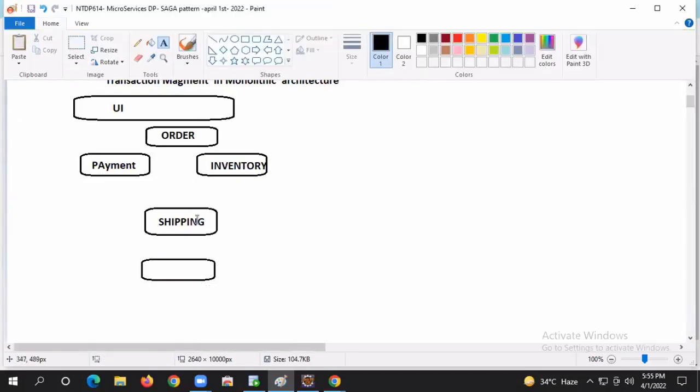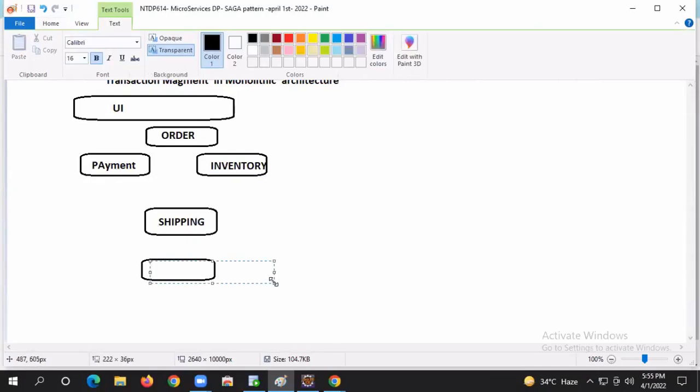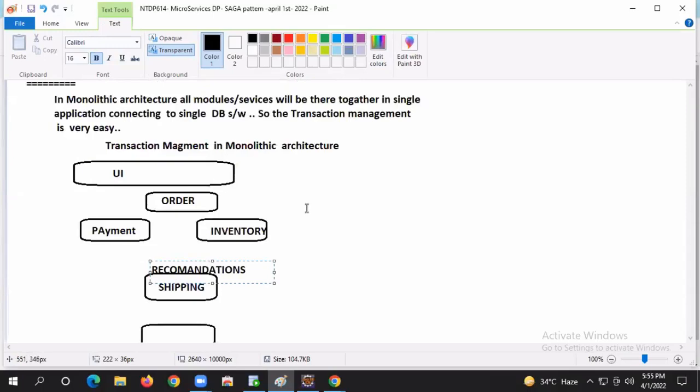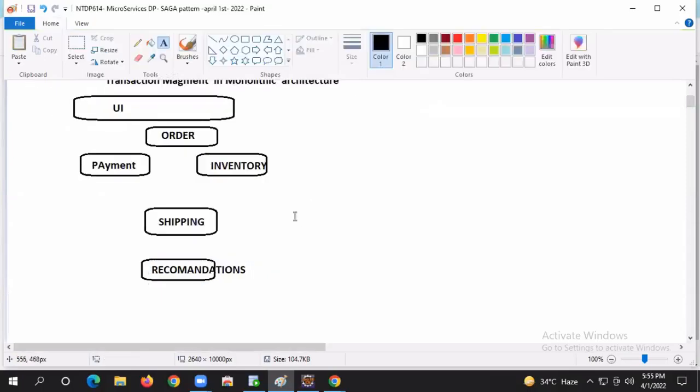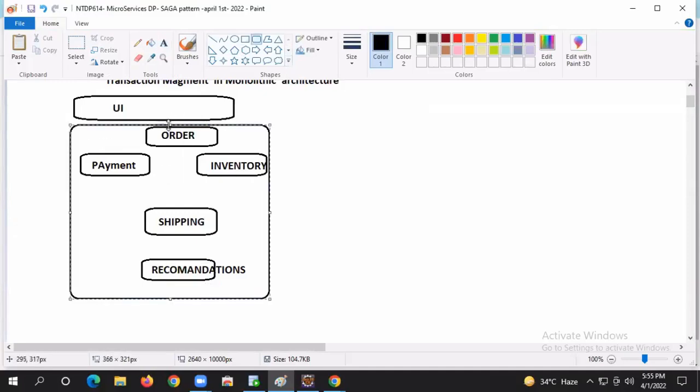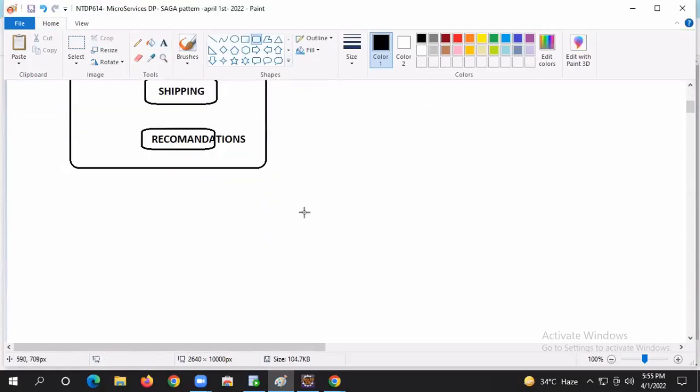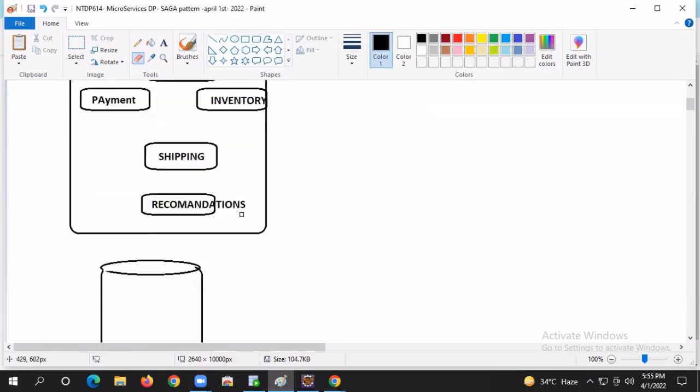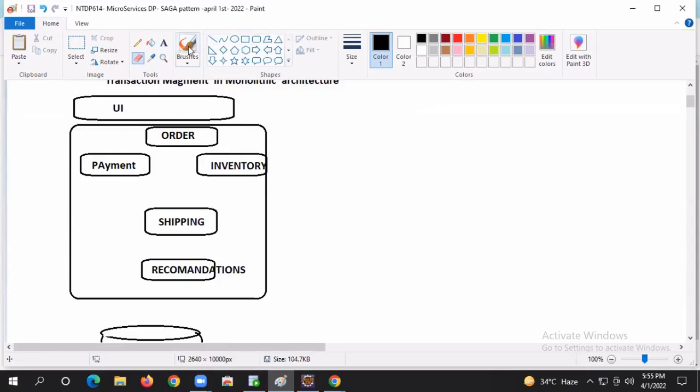Actually, shipping is different, and after payment even recommendations will come. All these are there. This here is my database software. This is the story in monolithic architecture.